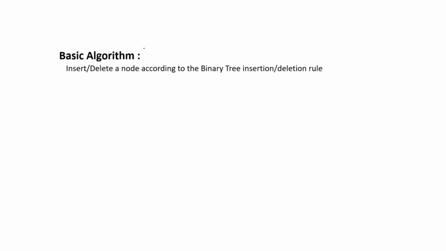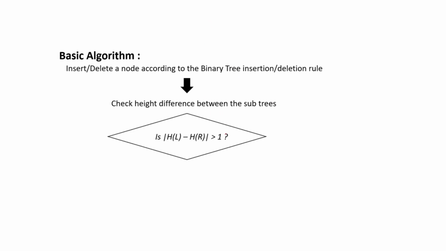So the basic algorithm is: you insert or delete a node according to the binary tree insertion or deletion rule. Next, you check the height difference between the subtrees, and find out if the absolute value of the height of the left tree minus the height of the right tree is greater than 1. So what is the absolute value?